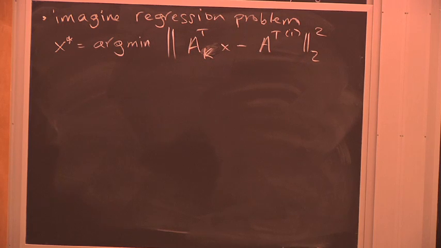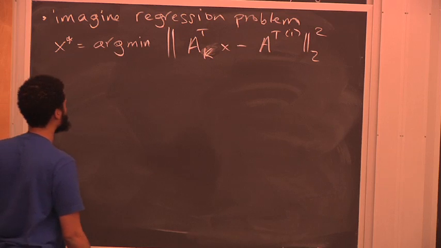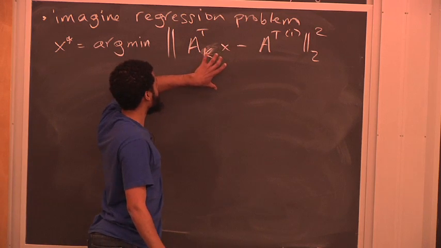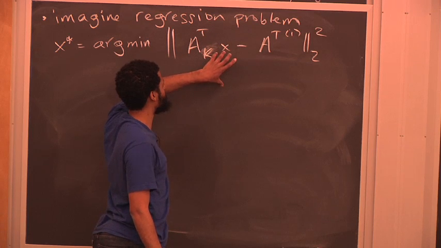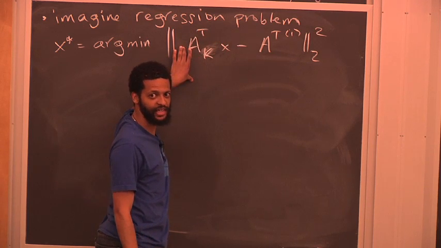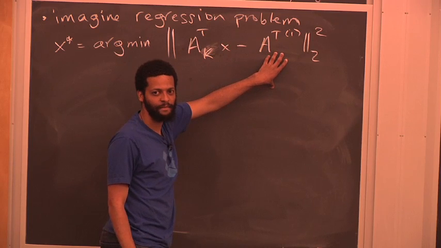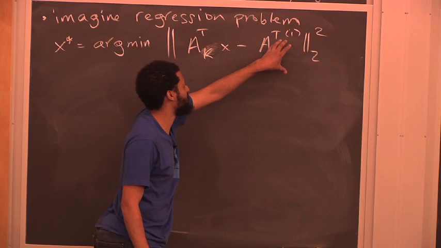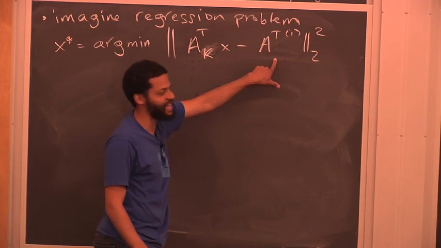The optimal thing to do is that AK transpose X should be the projection of this matrix onto the column space of AK transpose.